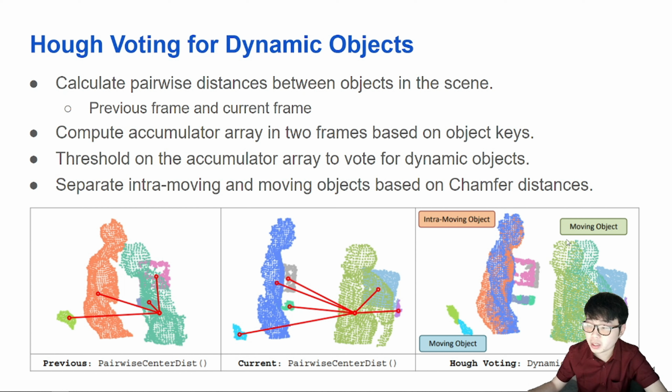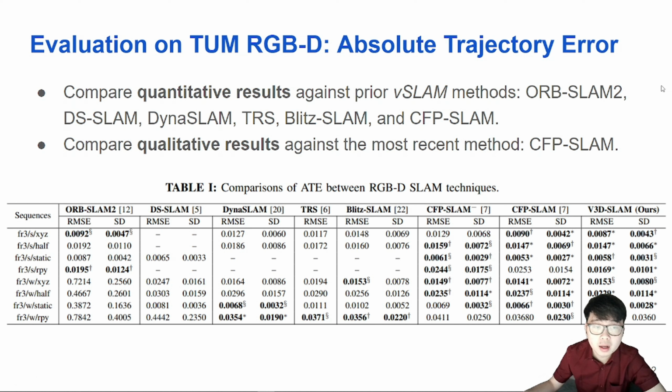RGB-D SLAM. To evaluate our mechanism on another dataset, we chose the TUM RGB-D dataset, and used the online tool to verify our results. In this dataset, we compare the absolute trajectory error and the relative pose error against other prior VSLAM methods.